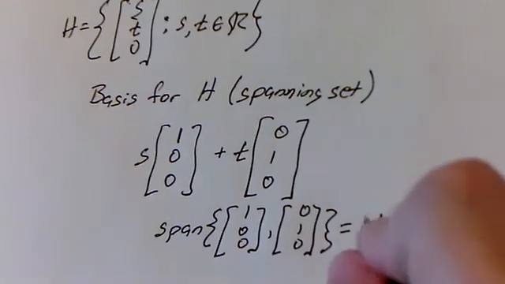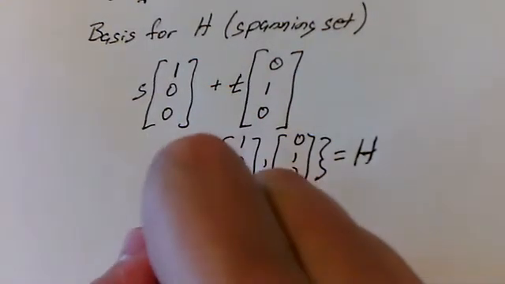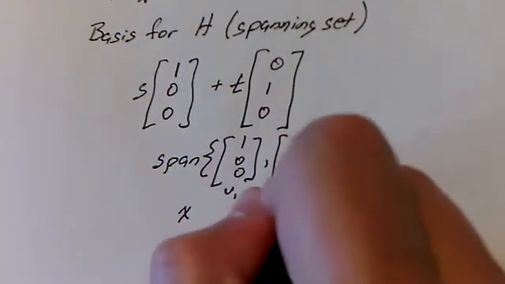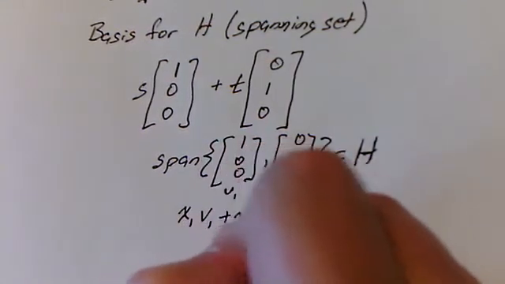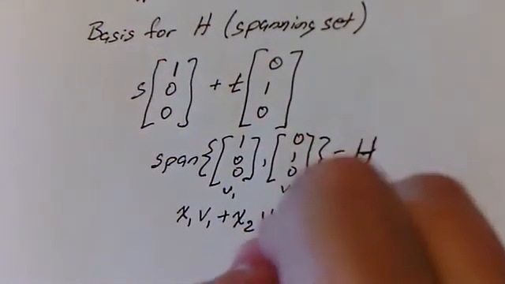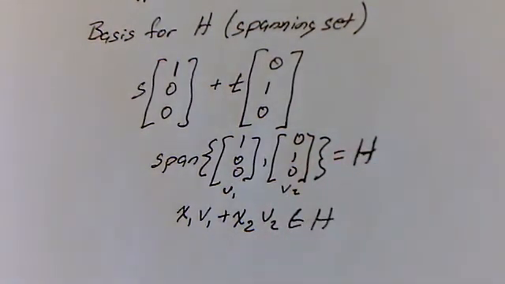Okay, and the other reason that a spanning set is important is that if you have a spanning set, you have linear combinations, right? Remember what span would mean. If I call this V1 and this V2, this means that X1 V1 plus X2 V2 is an element of H, because I have all the linear combinations.